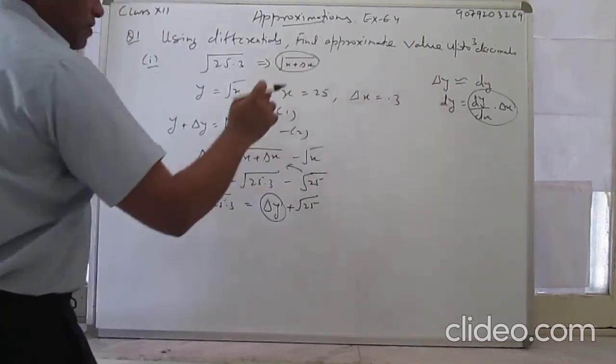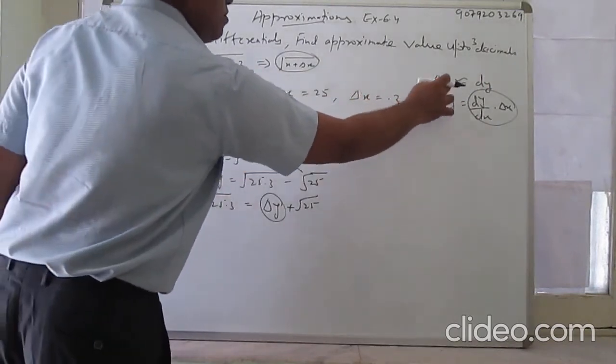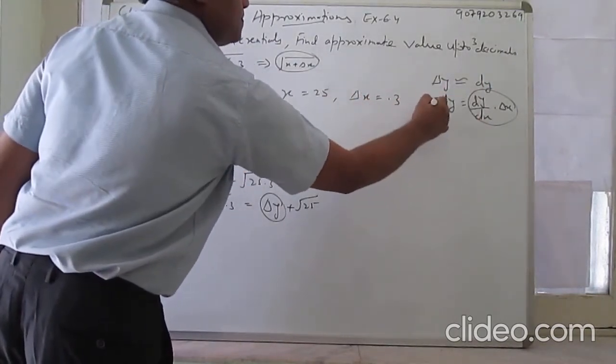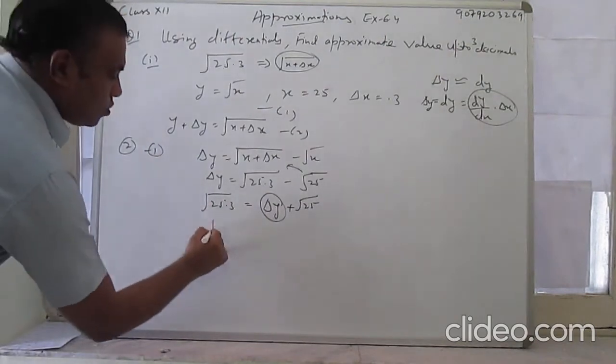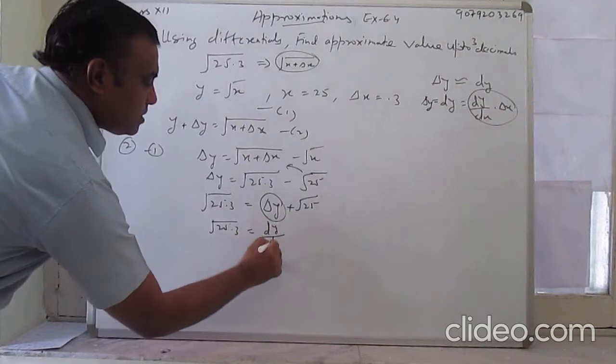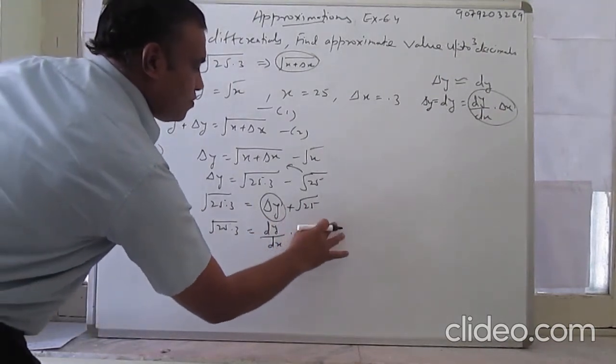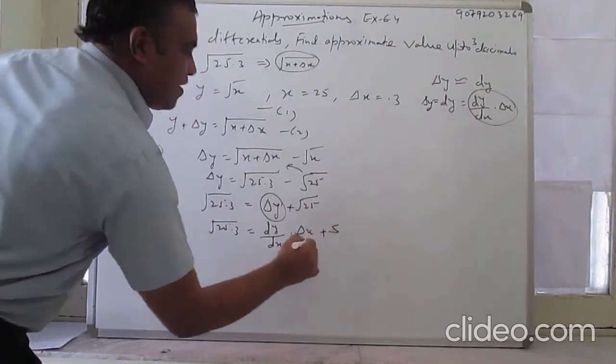Write it here. Delta y is equal to dy. So root 25.3 is equal to dy by dx into delta x plus root 25 का क्या हो जाएगा, 5.